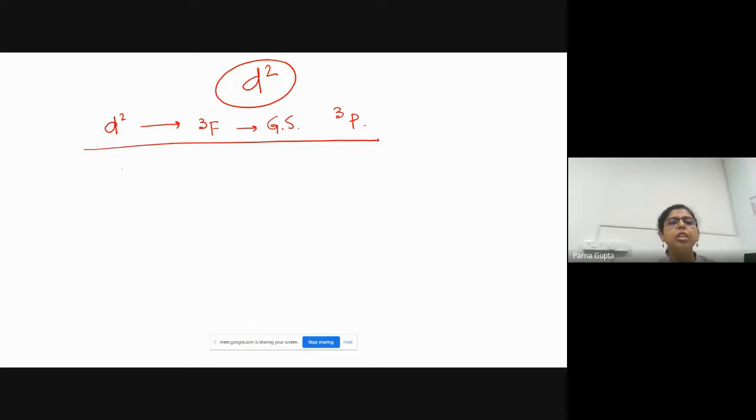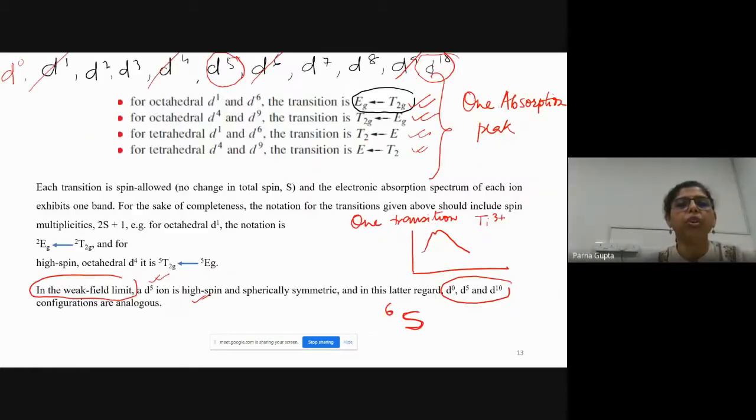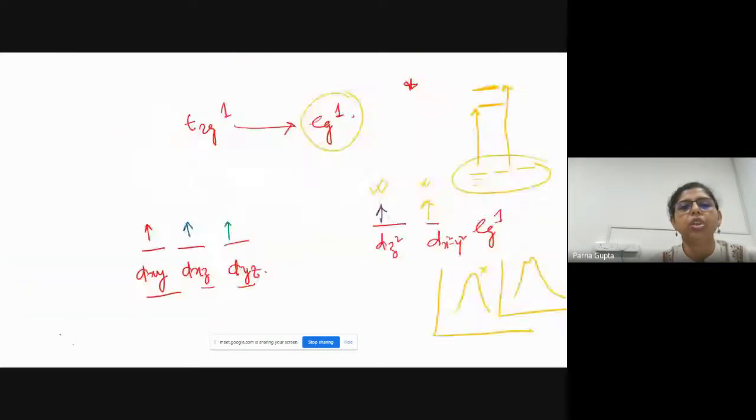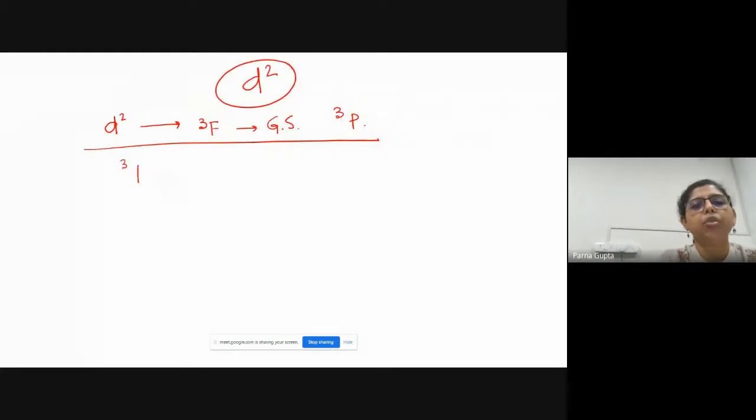So if this is the term, then 3F breaks into A2g, T2g and T1g, and as this is the spin multiplicity, I can keep it at 3.